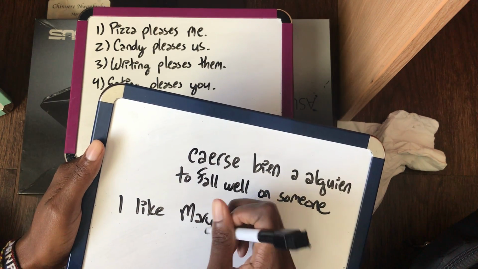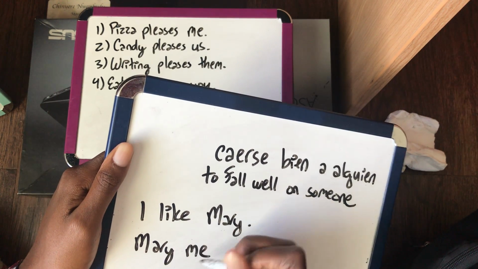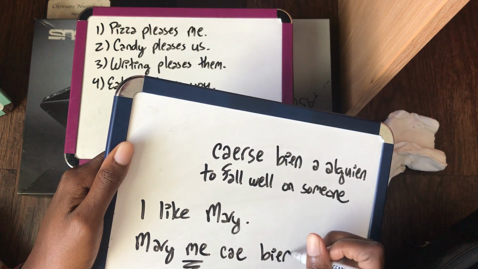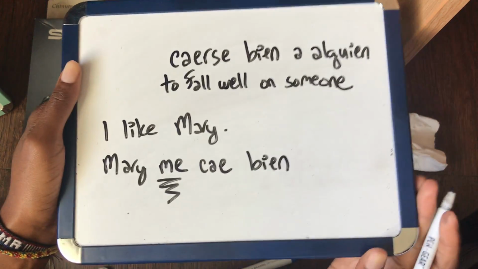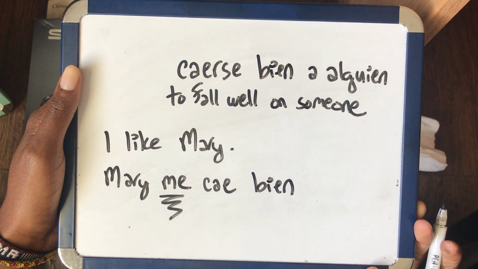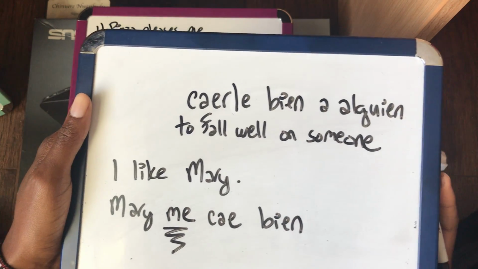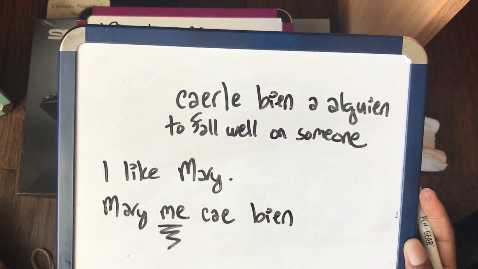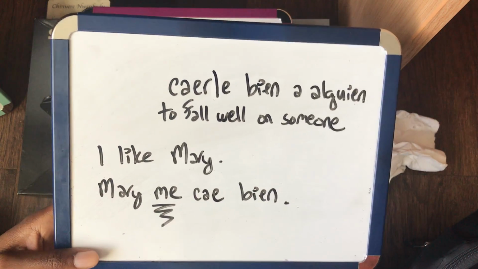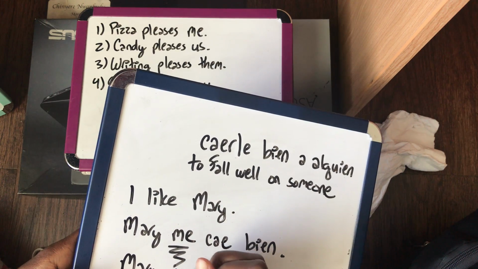Mary, me, indirect object, cae bien. Mary me cae bien. I guess this would be caerle then, because caerse would make it reflexive. Caerle bien a alguien. I like Mary. Mary me cae bien. I like Mary, like I have a crush on Mary, is Mary me gusta.